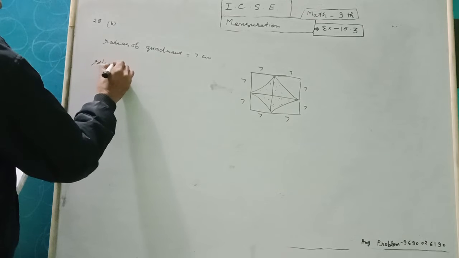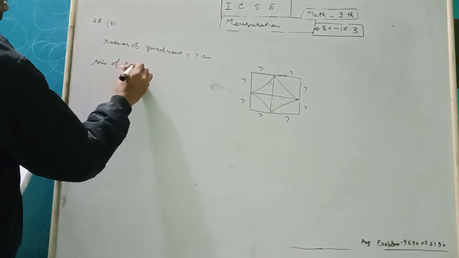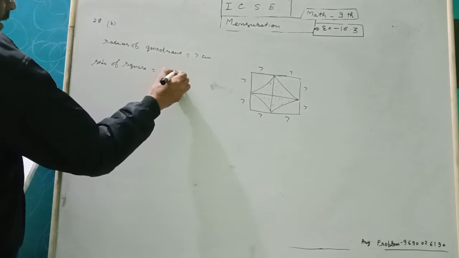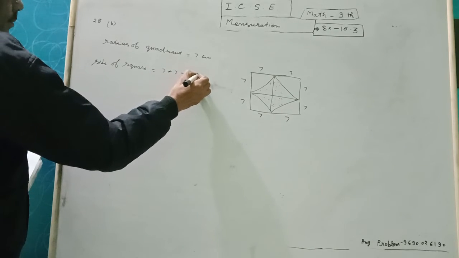Side of square will be 7 plus 7 is equal to 14 cm.